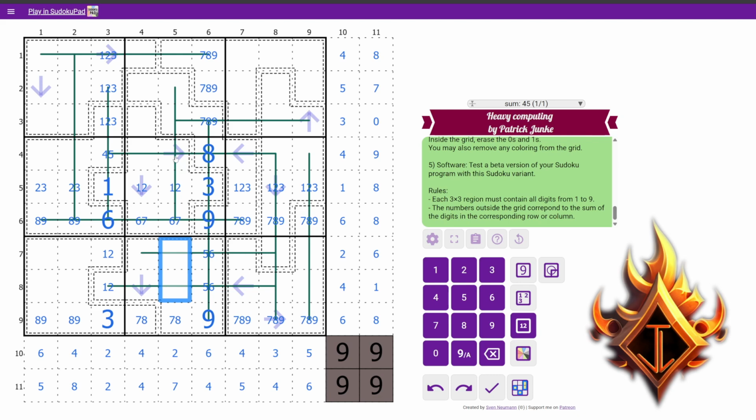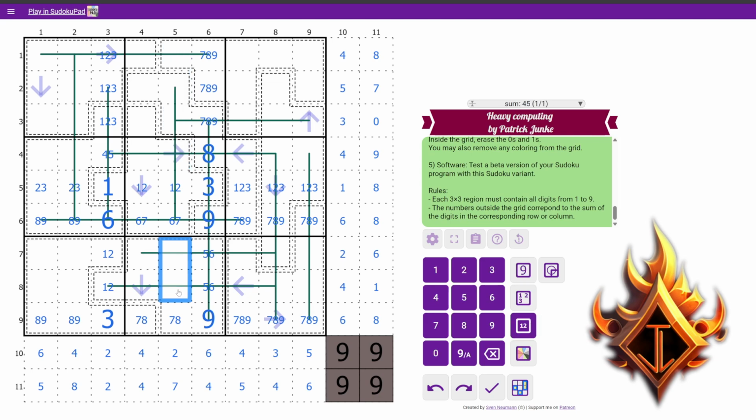That would be 3. That could be 4 to make 7. 1, 2, 3. 7 plus 6 is 13. And then we would need 14 more, which would have to be the minimums.